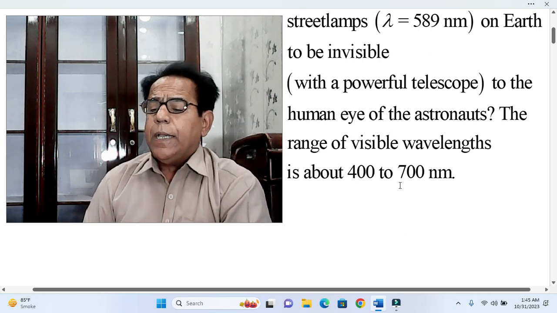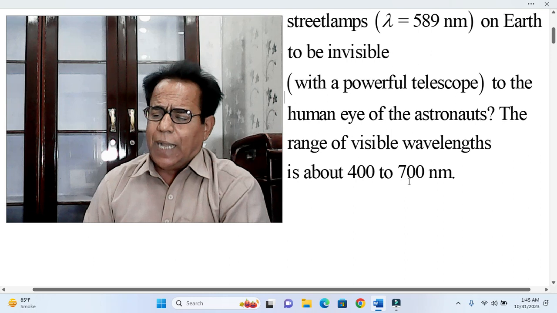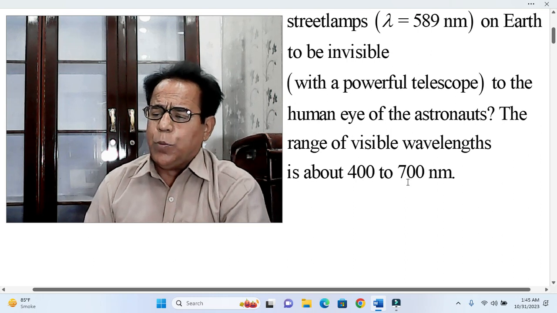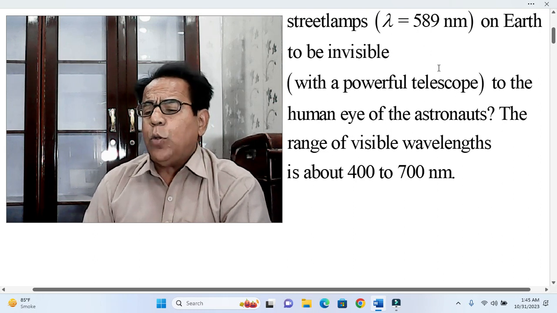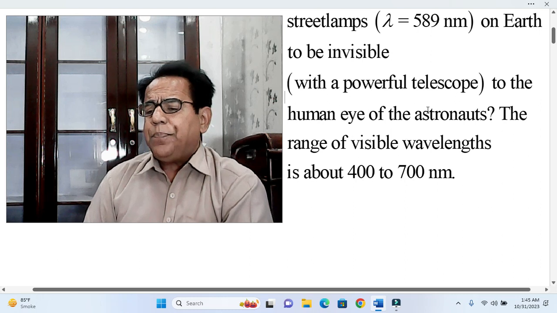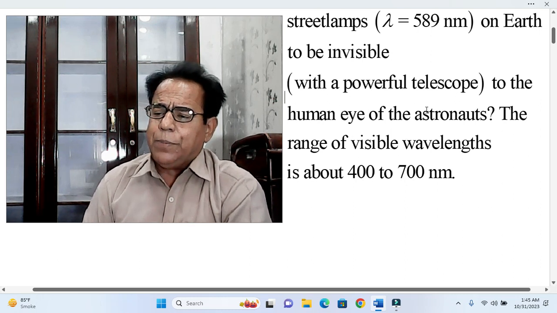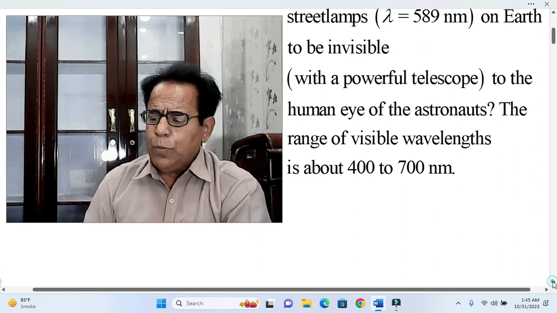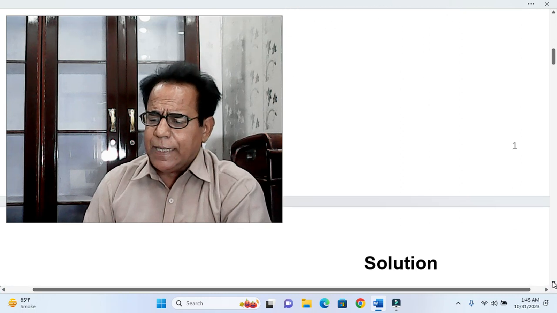So the boundary value, that is the last length, 700 nanometer, we will take. One of these will be denoted by lambda and the other by lambda naught. Now we move to the solution and one by one things will become clear.